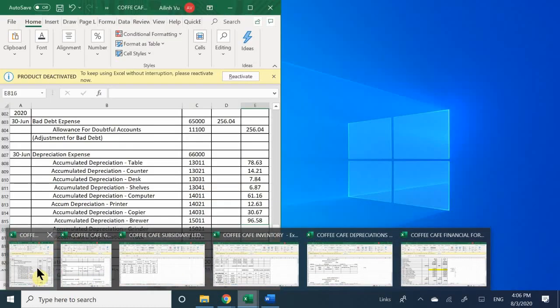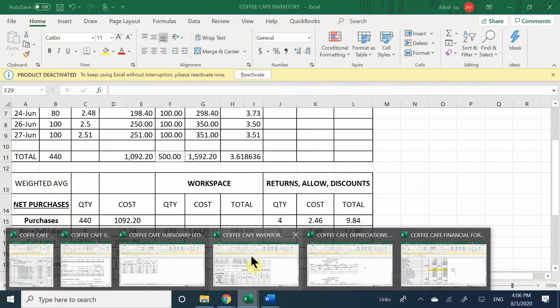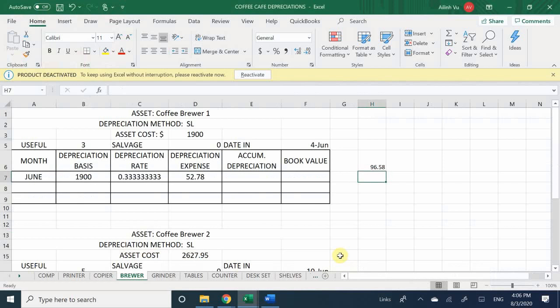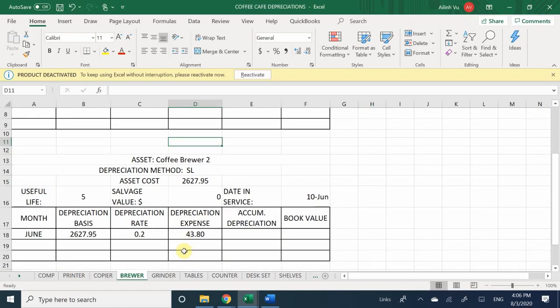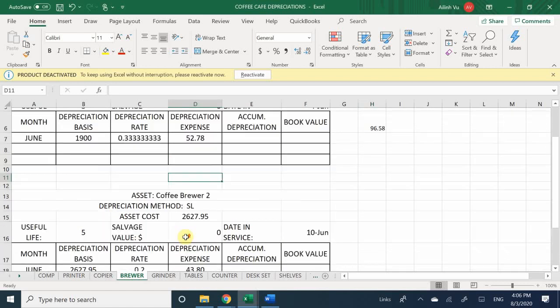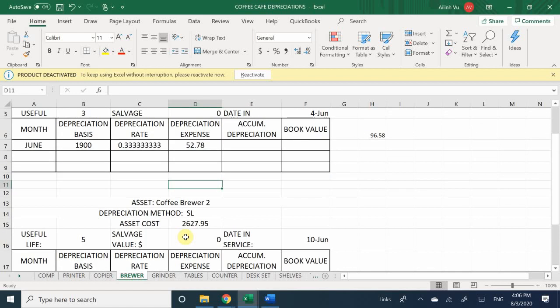Because I got 96. Okay, brewer number one, which is $52.78, plus brewer number two, which is $43.80. $96.58.